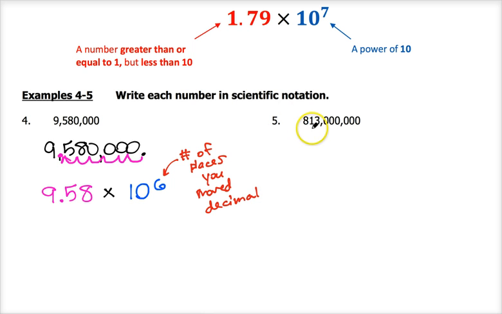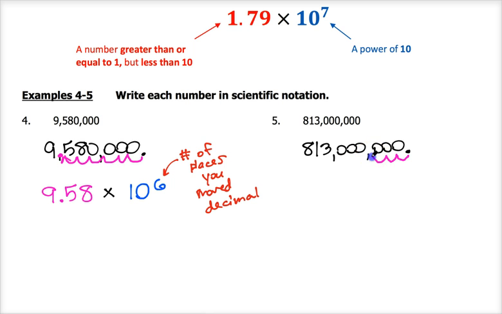Let's do the same thing now for 813 million. We're going to imagine where the decimal point is on 813 million, and the decimal point would be to the right of this last 0. So I need to move this decimal point to the left until I get a number between 1 and 10.